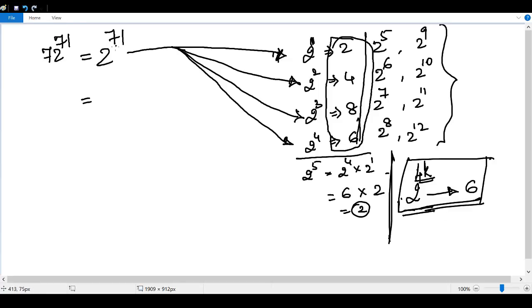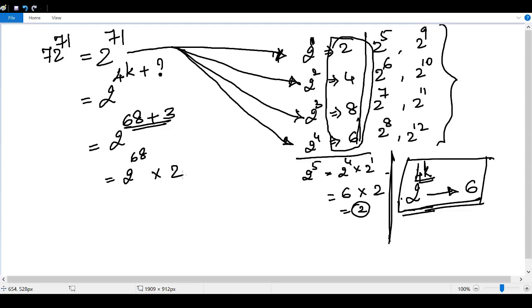So when I have 2 power 71, I will now look at 2 to the power which is a multiple of 4 plus what balance is left over. So I realize that 2 power 68 is a multiple of 4, and I am now left with 3 more to make it 71. Now 2 power a plus b is always 2 power a into 2 power b.